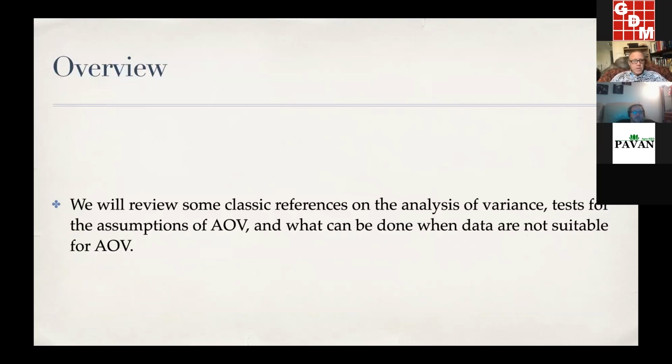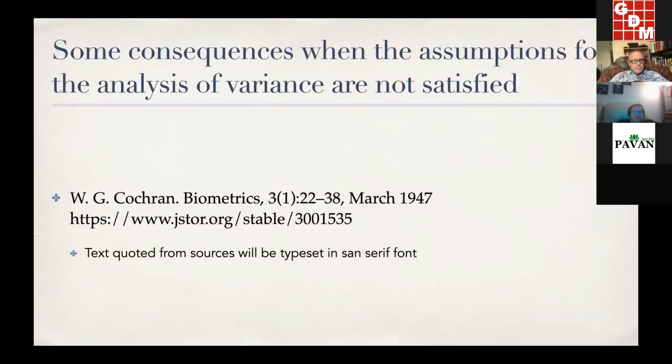So we'll be using a couple, 3 classical references, and I've got links to them on JSTOR. Should be able to get most of them if you want them. So the first paper we're going to look at is by, I believe, William Cochran in Biometrics, 1947, Some Consequences When the Assumptions of the Analysis of Variance Are Not Satisfied.